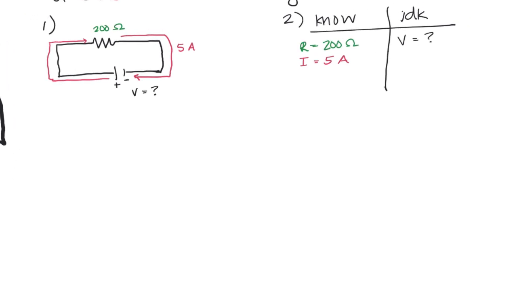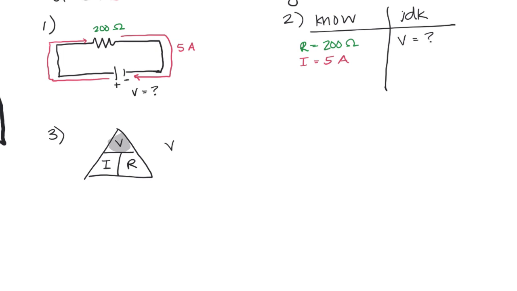Okay, moving on to step number 3, let's go ahead and set up our equation. Again, I'll go over that triangle trick very briefly. This is our triangle using Ohm's law. So V is going to be at the top. We'll put I and R at the bottom. And we know that we are solving for V. So with your finger, with your hand, go ahead and cover up what you are solving for in this triangle. That's our V. So cover that up.